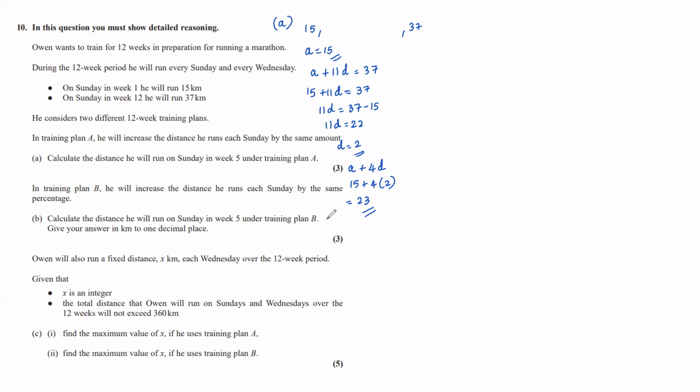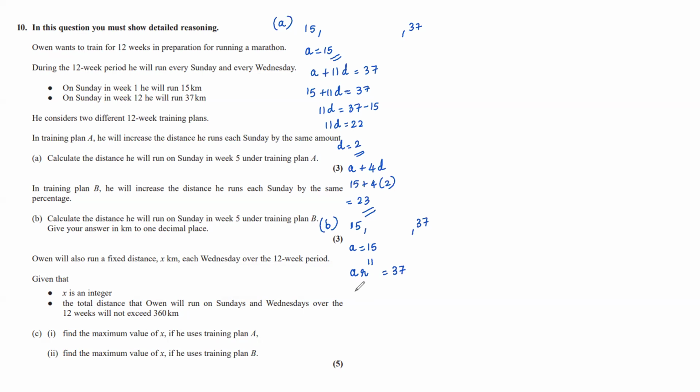So for the B part here, we know that the first term is 15 and we know that the last term is 37. So again, A is 15 and we know the 12th term in a geometric sequence is A into R to the power of n minus 1, or 12 minus 1, 11, is given as 37.